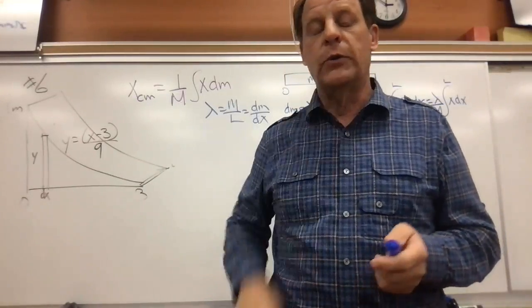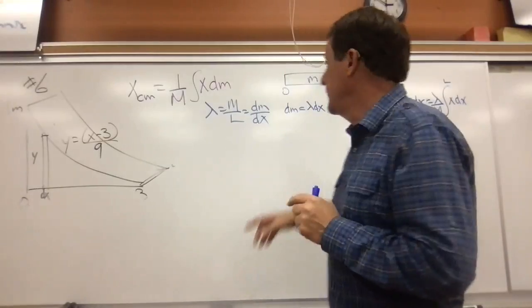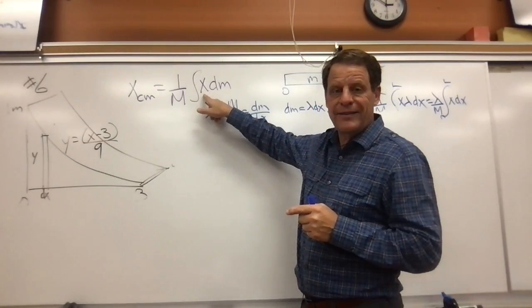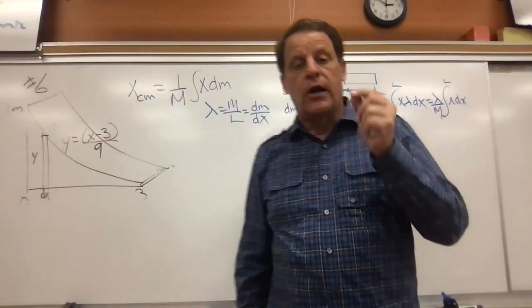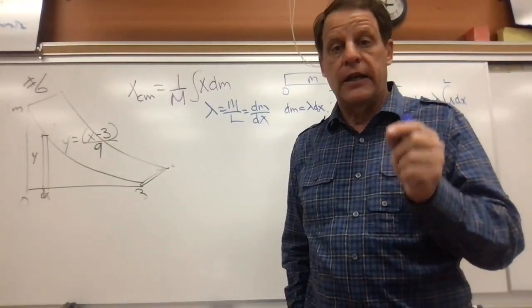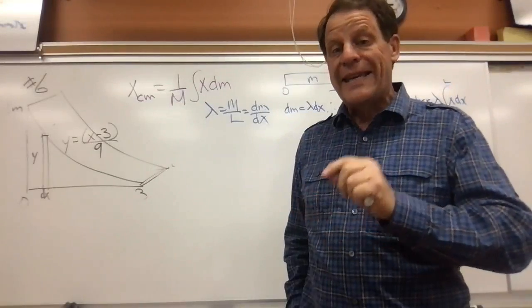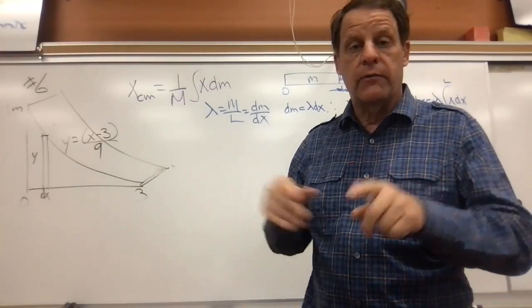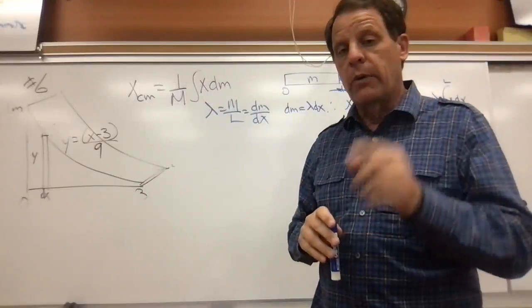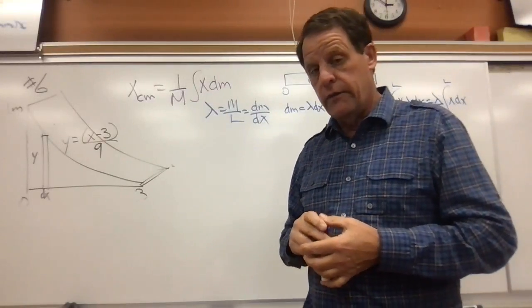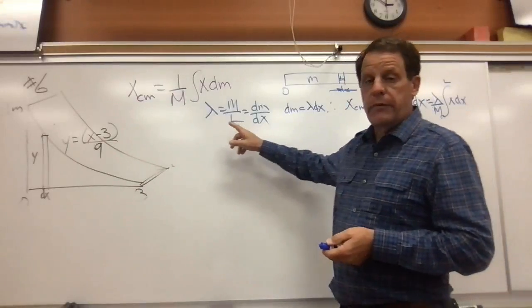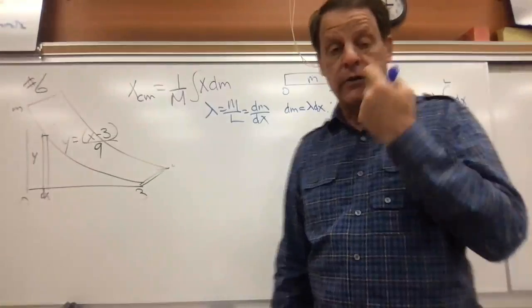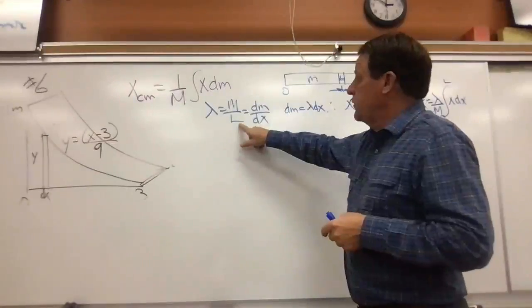Now, just to reiterate, the problem with this equation is that this x and this dm are not in the same variable. So we cannot integrate it yet because they're not in the same form. That's what we need to fix. What we did before, in the video from a couple videos ago, is we used linear density, and linear density is mass over length.